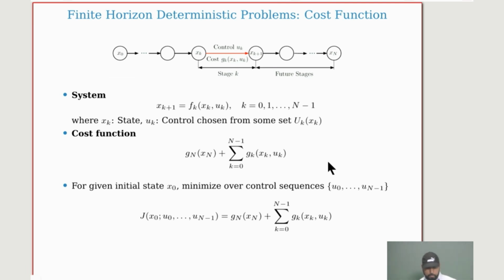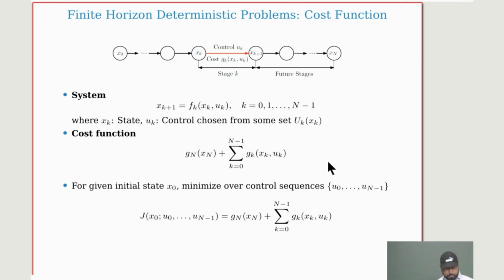So now the whole problem is about what the minimum cost could have been, which translates to what my optimal controls could have been, because my controls decided where I will go in the next state, and that decided the cost. So basically this whole cost could be seen as a minimization problem over control. Which choices of the control would I have taken so that this total cost is minimized?